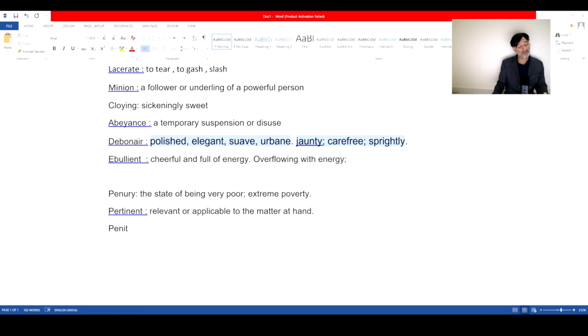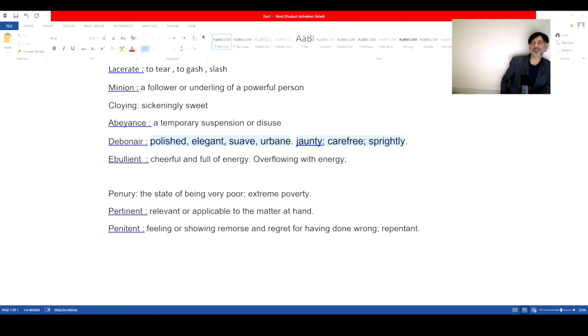So that is what penitent is. Feeling or expressing sorrow, showing remorse. Repentant. So for an example sentence: the prisoner was penitent. He was repentant.